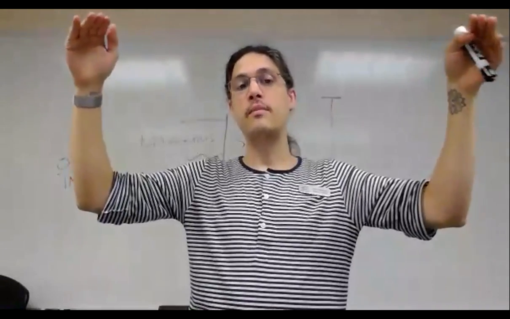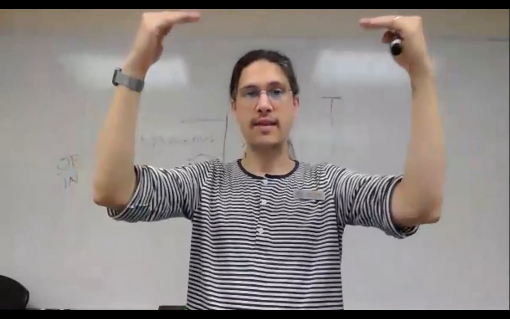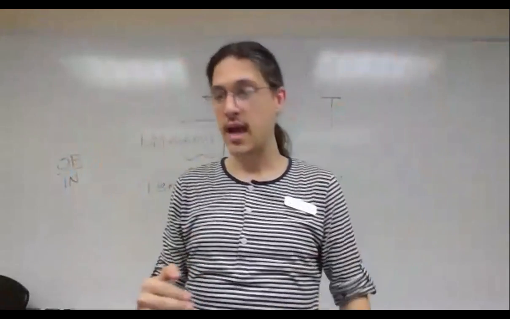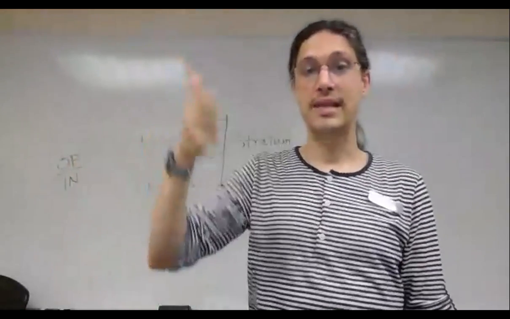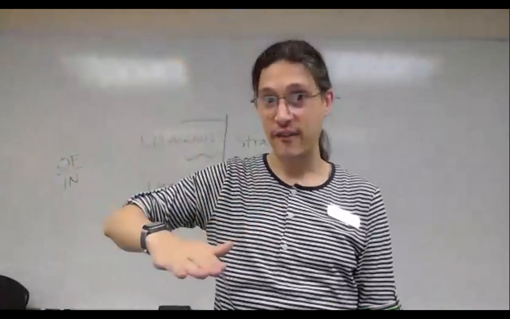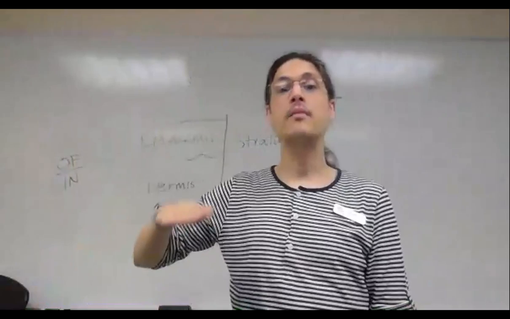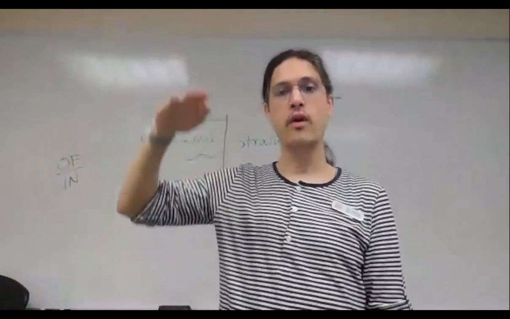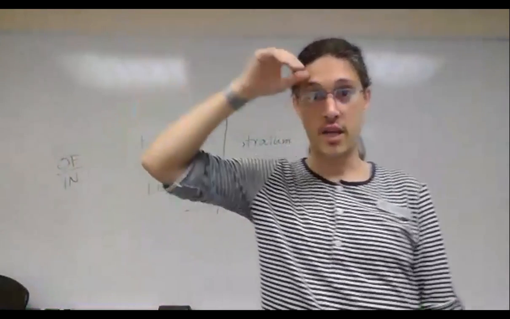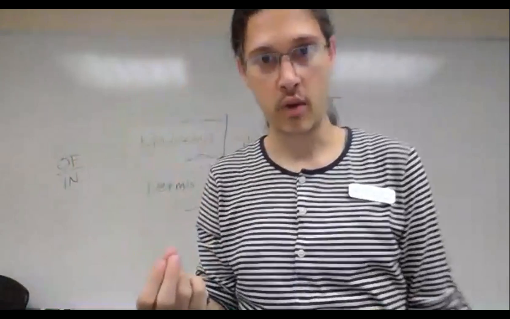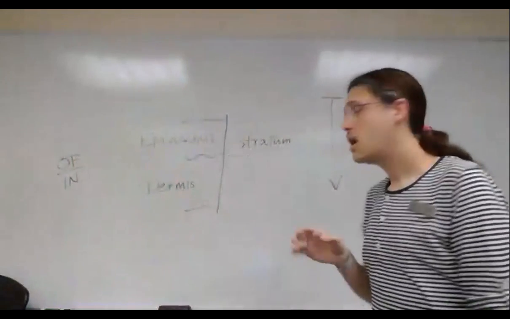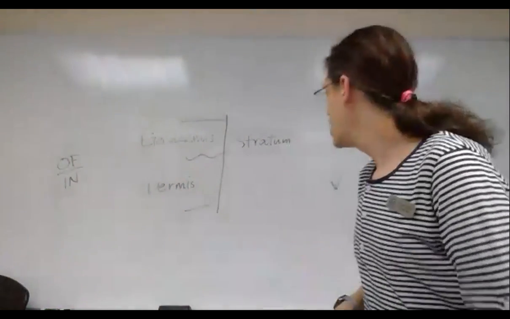So rather than going Benjamin Button style, starting at the death and then moving our way backwards, I'm going to go backwards through the list. I'm going to start at number 5, which is the stratum germinativum, and then I'm going to work my way up through 4, 3, 2, and then we're going to finish talking about number 1, the stratum corneum. So bear with me, you guys.